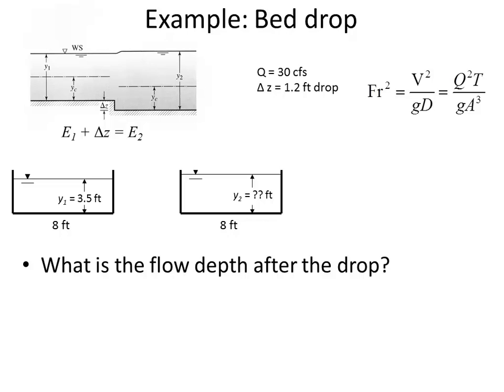So that is, if we rearrange it, Y2 cubed minus 4.718 Y2 squared plus 0.2184 is equal to 0. And we have to get the 3 roots of that.